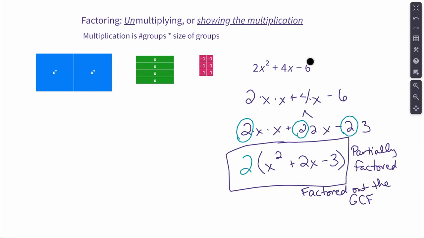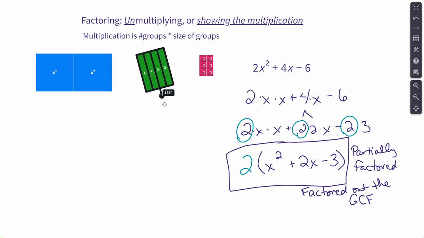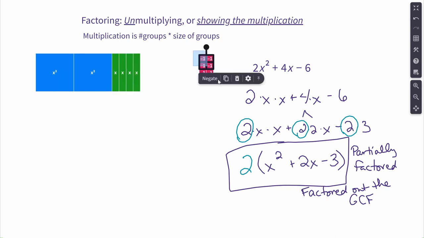So how this plays out in those algebra tiles over there is a little different than the others. What we've been doing is looking for a way to make a rectangle, and then looked at the area model of that. But again, the x squareds and the minus 1s aren't going to play nicely.